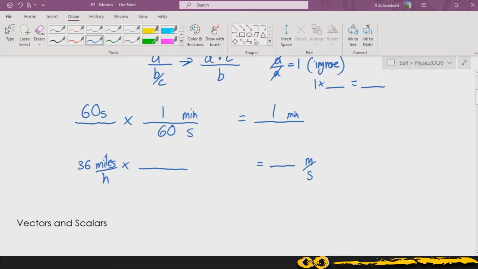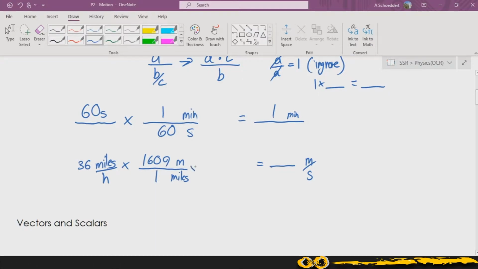So at some point in time, we're going to have hour on the top and miles on the bottom. Let's start by doing that. Let's put our miles on the bottom, and then we need to end up in meters. We need to remember that conversion factor, which is 1,609 meters for every mile.